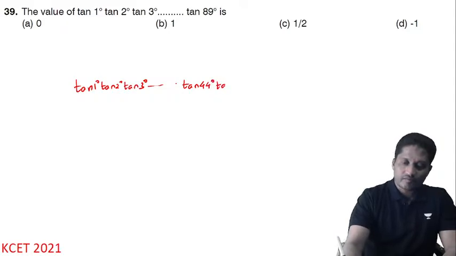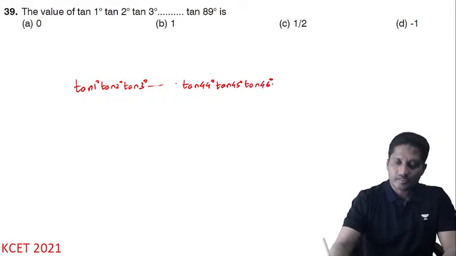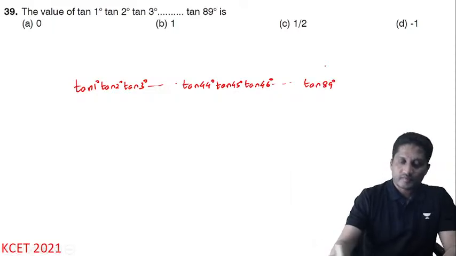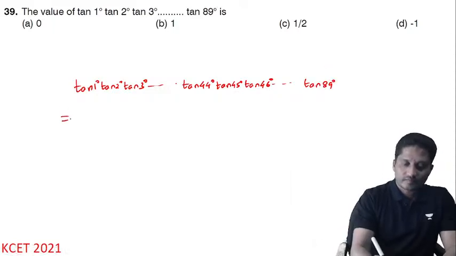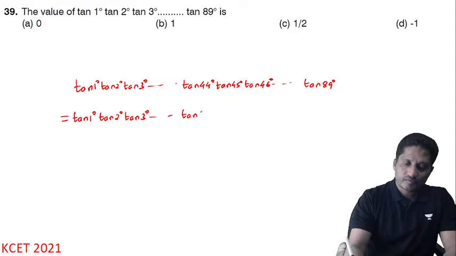Okay, and then you get tan 45, tan 46, and so on up to tan 89. Now this is tan 1 into tan 2 into tan 3 and so on up to tan 44. Okay, tan 45 is 1.